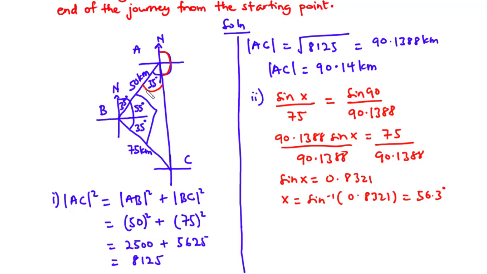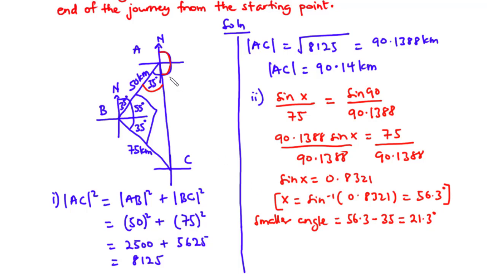So that is the value of this full angle, 56.3 degrees. Now if you want to find the value of the smaller angle, the smaller angle is equal to 56.3 minus 35, and that is 21.3 degrees.